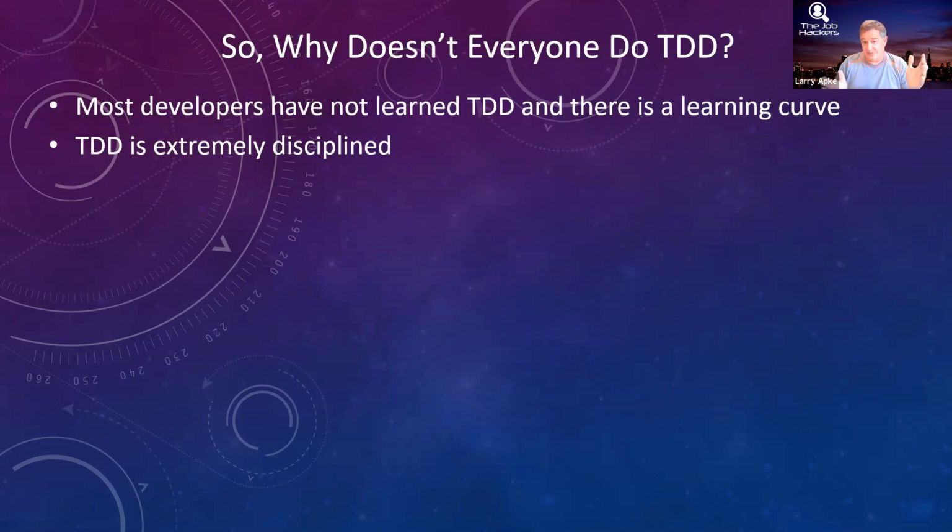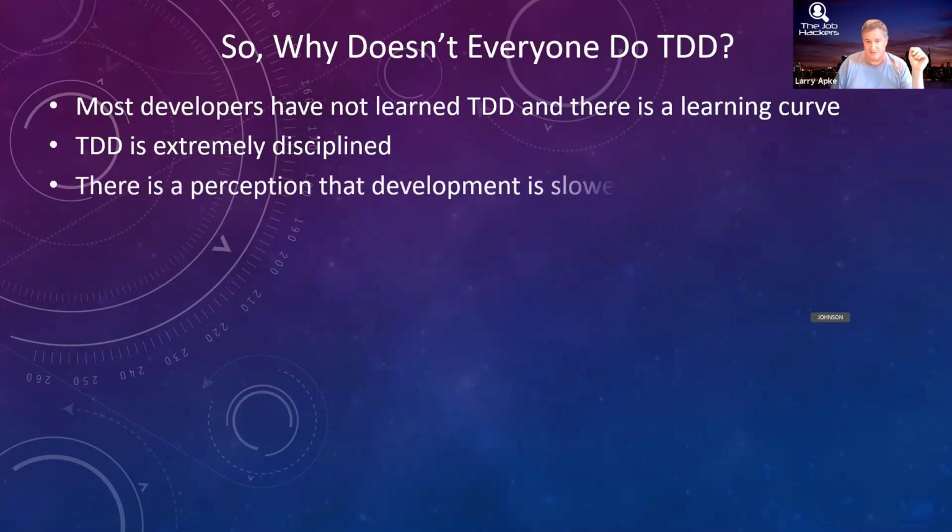Because developers, I love developers. Some of my favorite people, but they're the ones who took their toys apart when they were kids. They love taking things apart. You've got to slow down, really slow, because you're writing a little bit of a test and you're writing some code, and then you're writing a little more tests and then some more code. Very disciplined. Most developers aren't disciplined enough to do it. They have to learn the discipline.